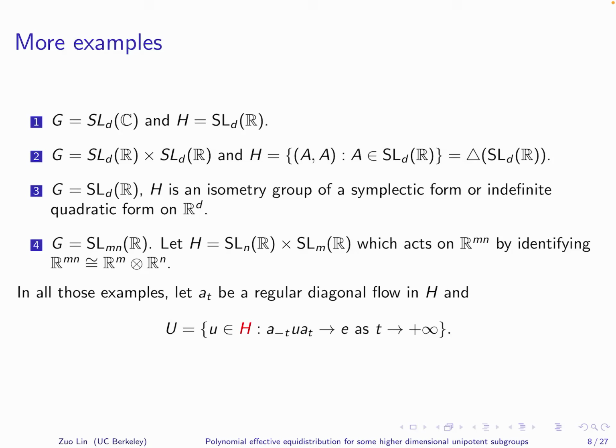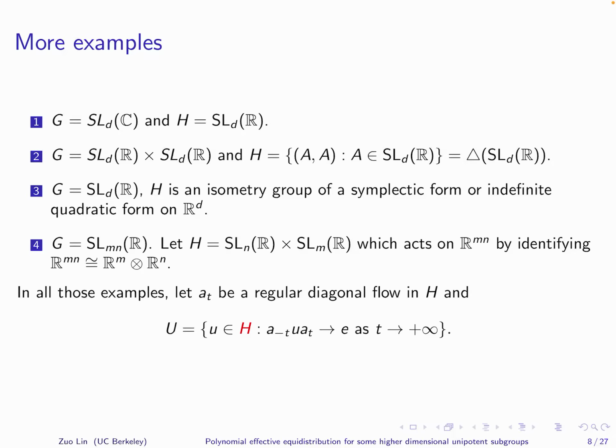And I can also let G be SL_d(R), and look at indefinite quadratic forms in higher dimensions. I can let H be the special orthogonal group for some indefinite quadratic form on R^d, or I can not only look at symmetric bilinear forms, I can look at alternating bilinear forms. I can let H be the symplectic group. It preserves a symplectic form.